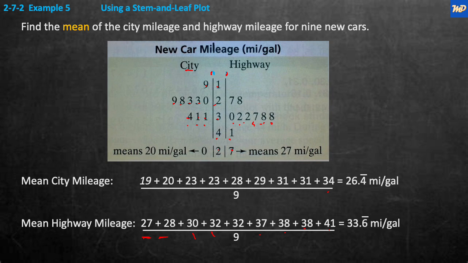Actually, it's 33.666666 miles per gallon, just like the upper one was 26.444444 forever miles per gallon. Okay, so that's using the stem and leaf to come up with the mean, and that type of thing.